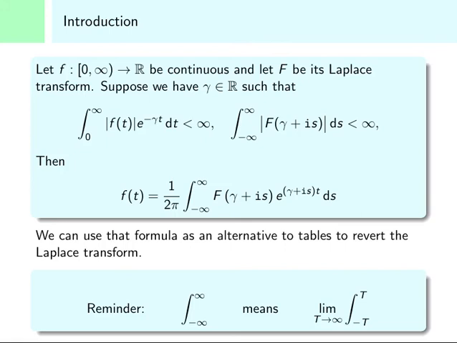Now let's suppose that we have got some parameter gamma, such that the following two conditions are true, namely on the one hand, the integral from 0 to infinity of the absolute value of f of t times the exponential of negative gamma t dt is less than infinity, and on the other hand, the integral from minus infinity to plus infinity of the absolute value of capital F of gamma plus is ds is again a finite integral. So if both of these integrals have a finite value, then the following formula is true.